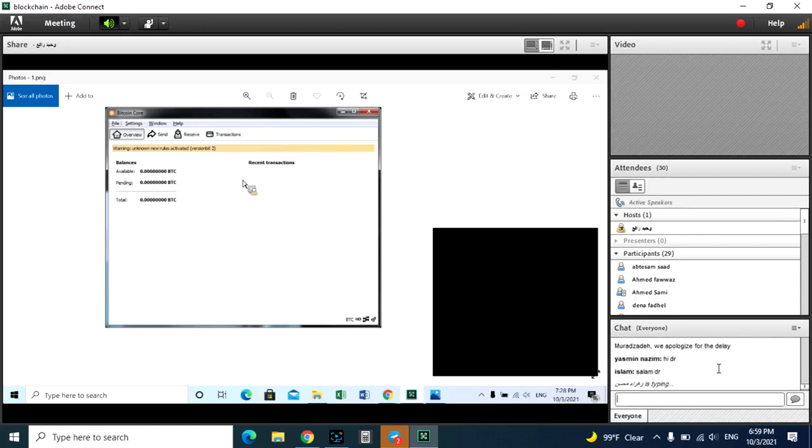After downloading was finished, this is the interface of Bitcoin Core. Okay, as you can see, zero Bitcoin. This software just knows Bitcoin, not dollar, not dinar, not real. Yeah, you need a 500 gigabyte hard disk because of the saved files, each block in each saved file.